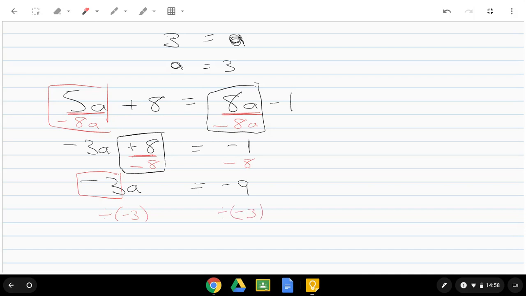And what that gives me is a on the left. So minus 3a divided by minus 3 leaves me with an a. And minus 9 divided by minus 3, a minus divided by a minus is a plus. 9 divided by 3 is 3. And there's my answer. The answer is exactly the same as it was in the previous question.